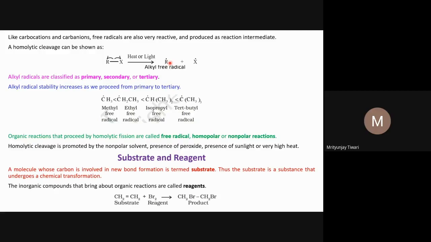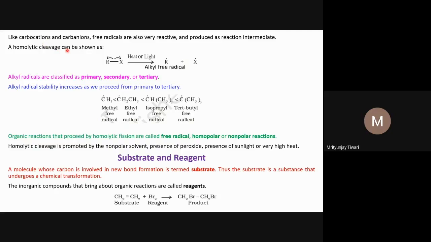Though they do not have a charge on them, they have an odd electron. Their octet is not complete, and so they are also very reactive. They are obtained as reaction intermediates because they have an incomplete octet, and any species having an incomplete octet is not stable. This is what we already know from our understanding of chemical bonding.